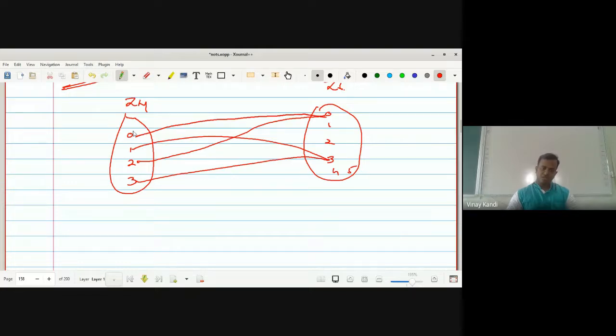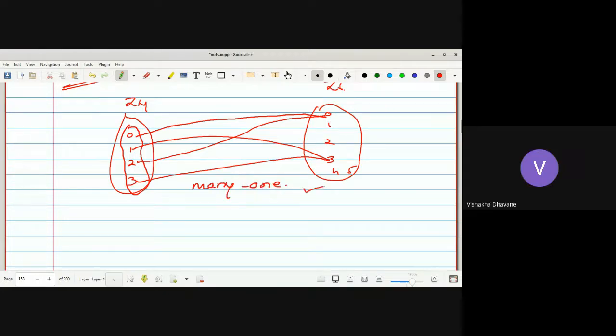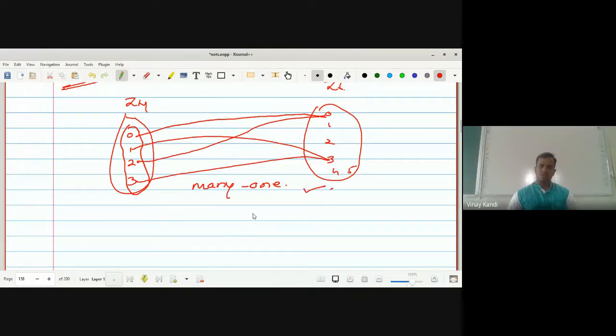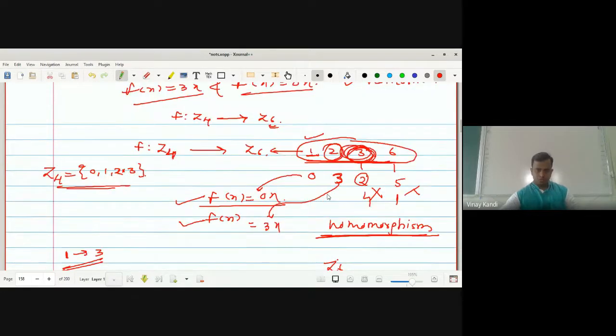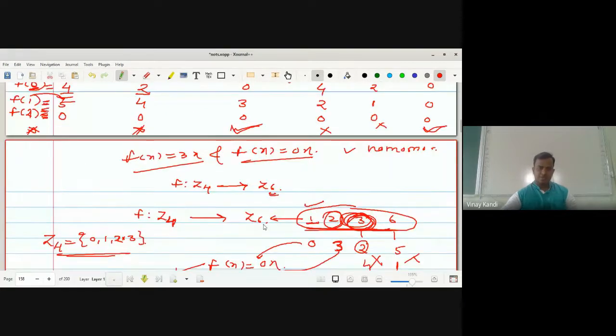For every element in Z4 we have a unique image in Z6. What type of function is this? Many-one function. Hence it is a homomorphism. So f of x is equal to 3x is a homomorphic function.